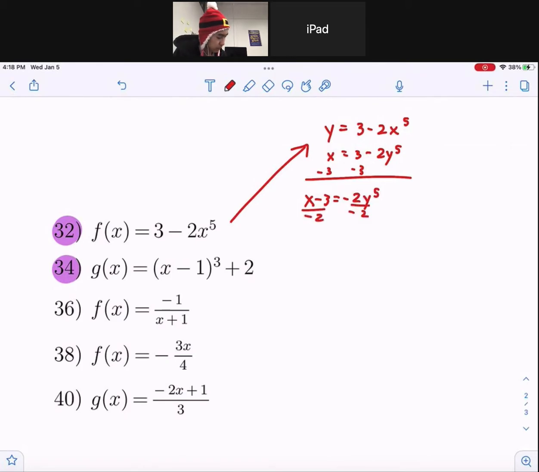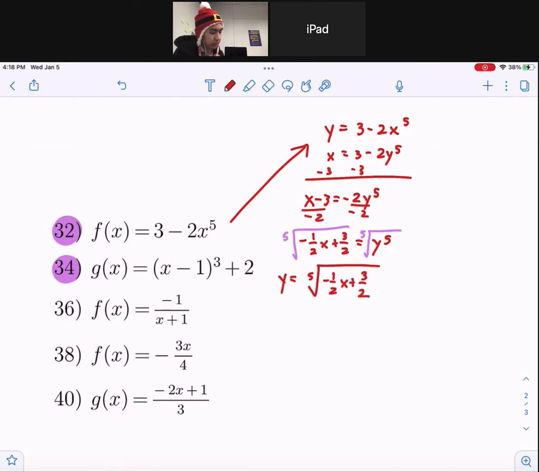So we get negative 1/2 x plus 3 over 2 equals y to the fifth. Now to get rid of that fifth power, you have to take the fifth root of both sides. So your inverse for this one is the fifth root of all of that stuff. And that's your answer for that one.